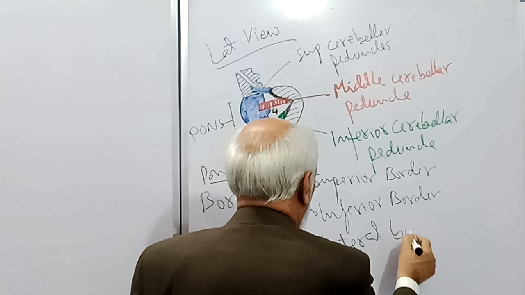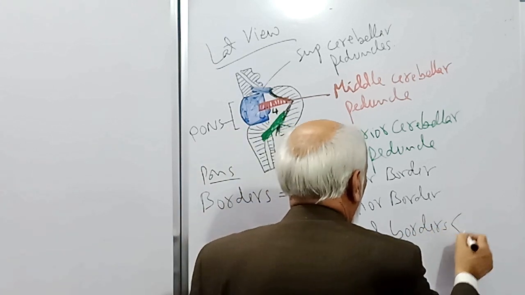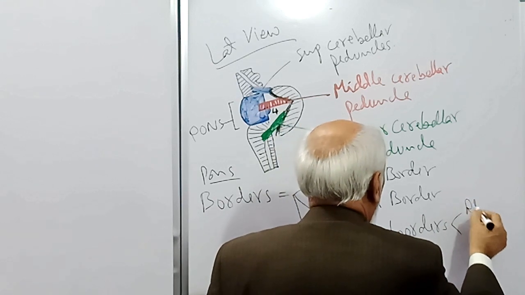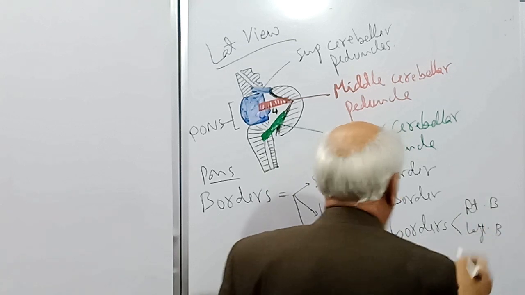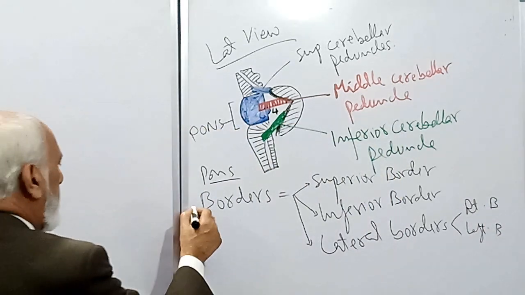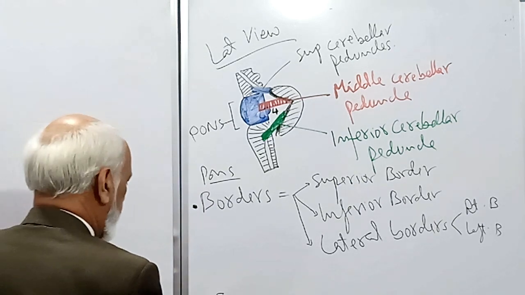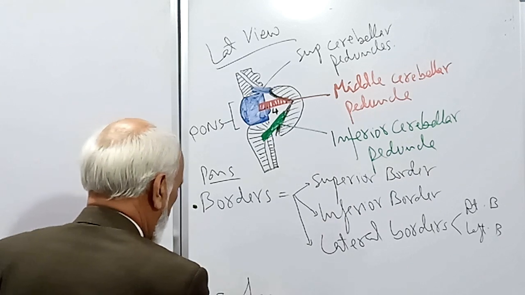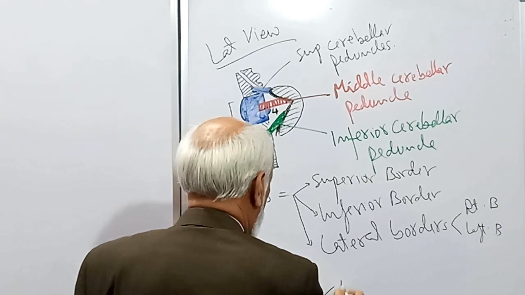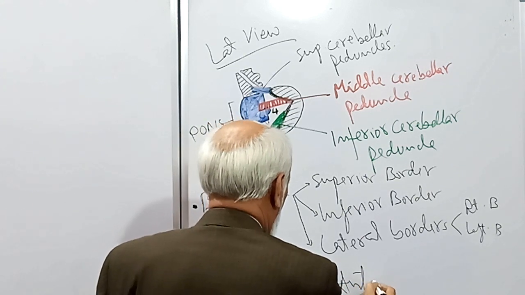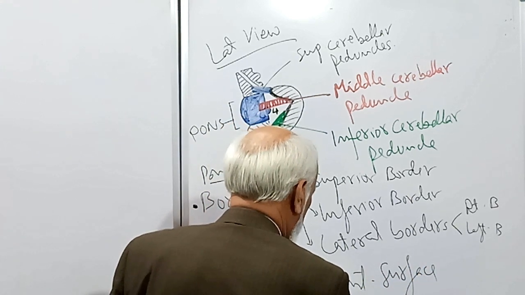Lateral borders, two in number, right and left. These were the borders of the pons. Then it has two surfaces, that is anterior surface and posterior surface.